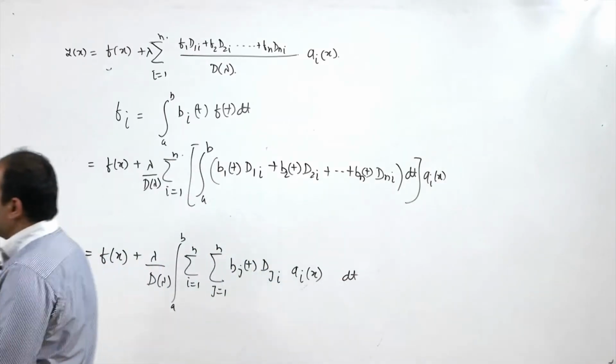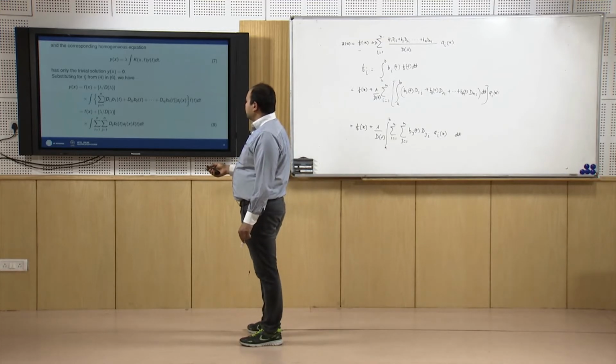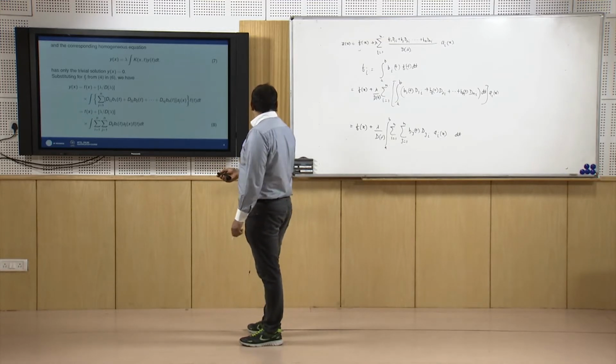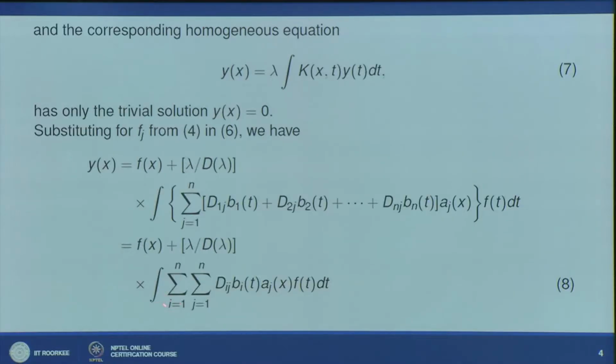So that is what is written as equation number 8. So I am writing equation number 8 as y of x equal to f of x plus lambda upon d lambda into this, which is integral a to b, i equal to 1 to n, j equal to 1 to n, dij b_i(t) a_j(x) f(t) dt, which I have written here.